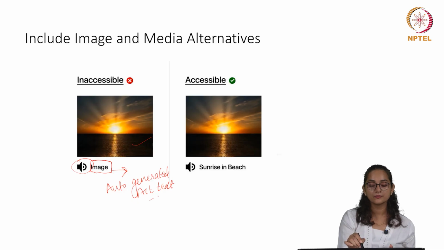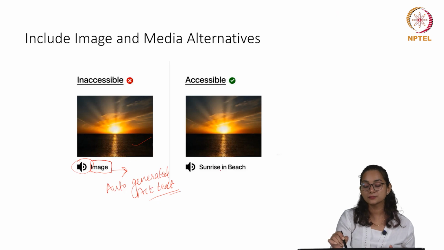Image annotation and all of those things are a big part of it. If it is a little bit more descriptive, it can be "sunrise at the beach" as a caption, which is more descriptive.